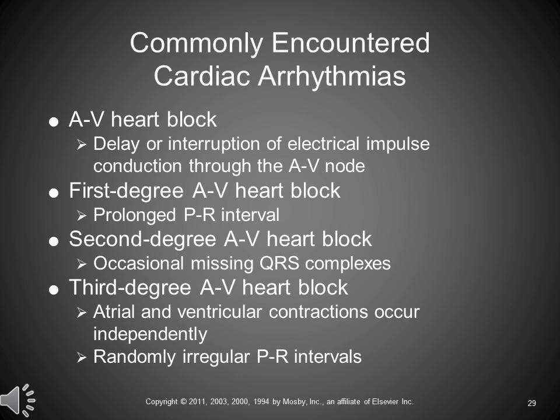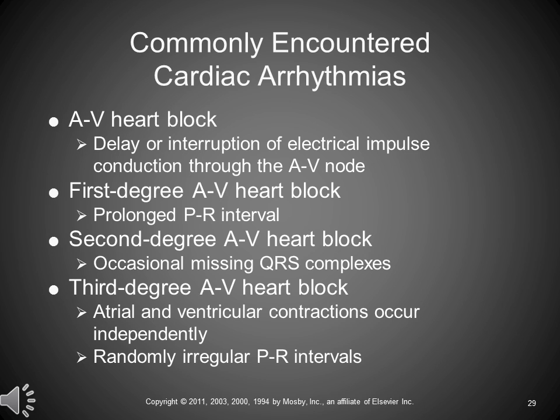Second degree AV block is where there is an occasional missing QRS complex. Some of them get through, some of them don't. And you may have a P wave, no QRS. Third degree AV block is where the atria and the ventricles are contracting completely independently.